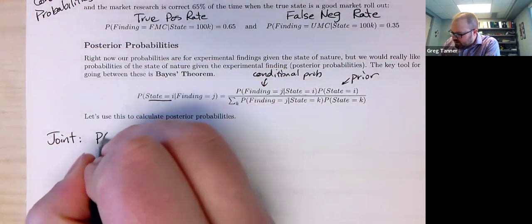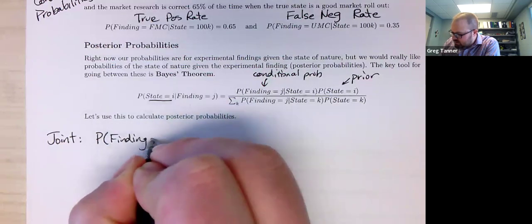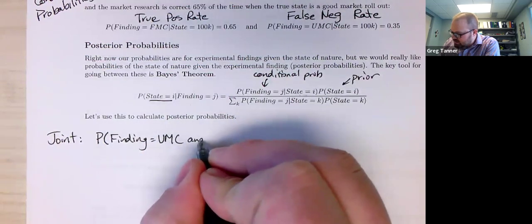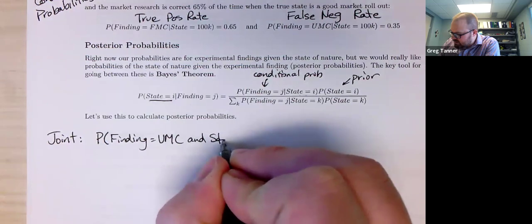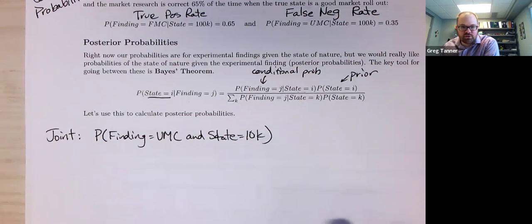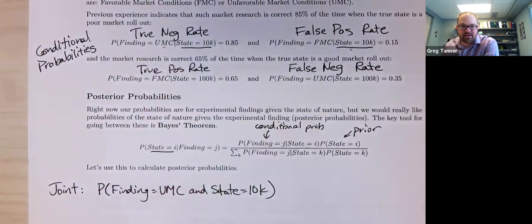So probability of finding equals UMC and state equals 10K. Note that this is different than finding given state equals 10K.